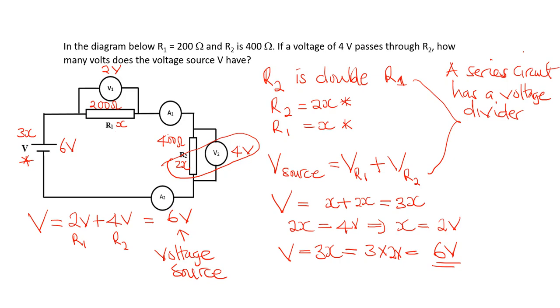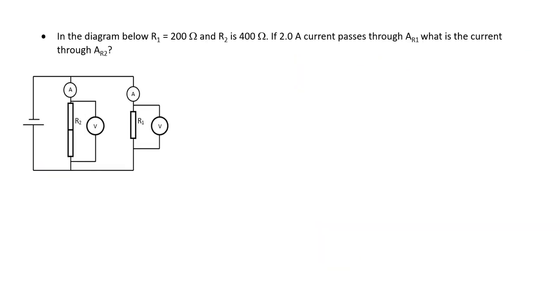Now let's move on to parallel circuit. In the diagram below, R1 is 200 ohm and R2 is 400 ohm. So if 2 amp current passes through AR1, what is the current through AR2?